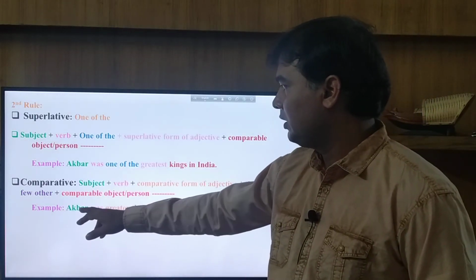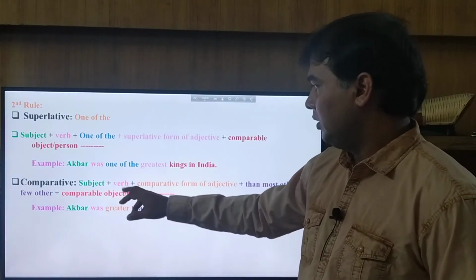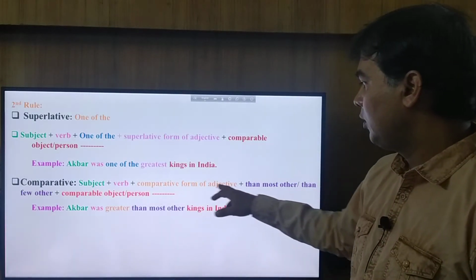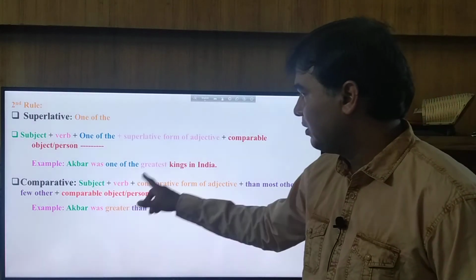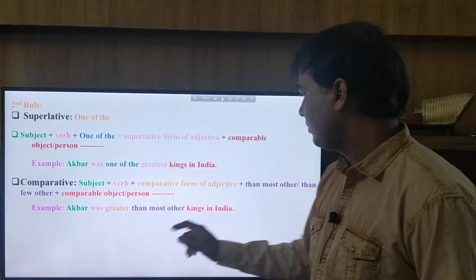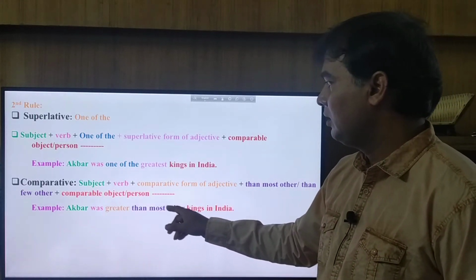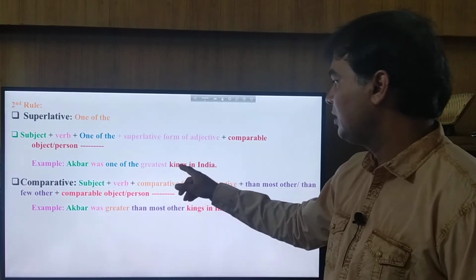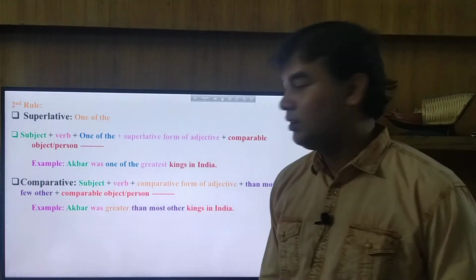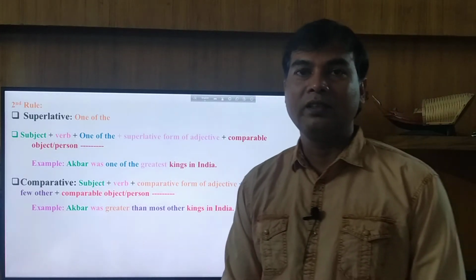Akbar, subject, then verb was, then comparative form of adjective: greatest is the superlative form, the comparative form is greater, then "than most other", then comparable object or person, kings in India. So the answer is: Akbar was greater than most other kings in India.